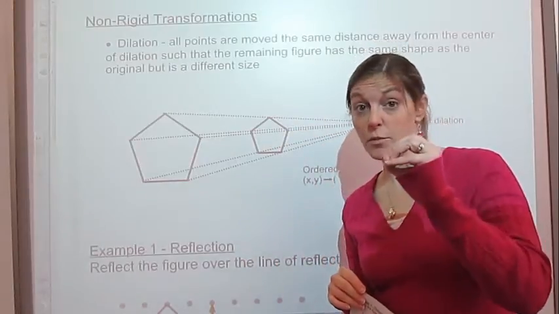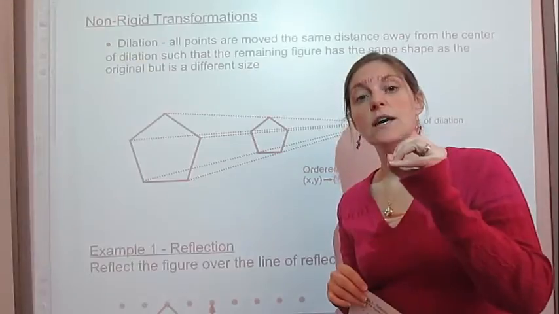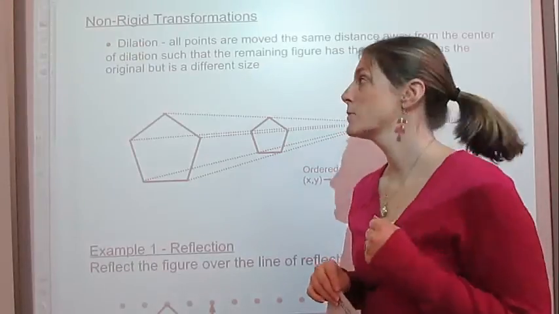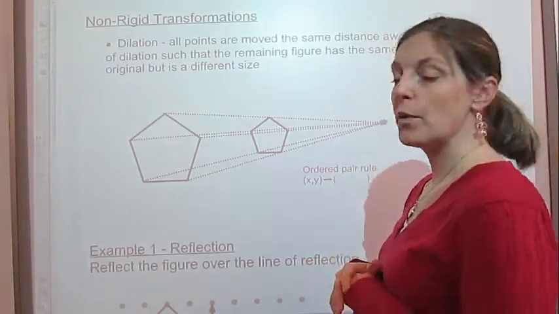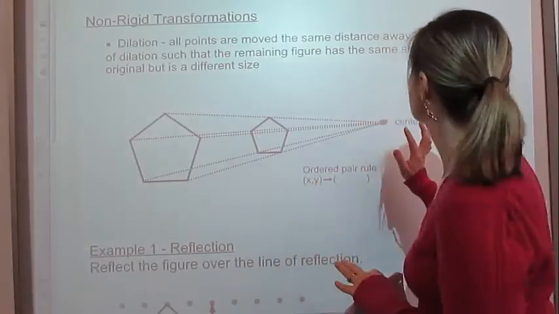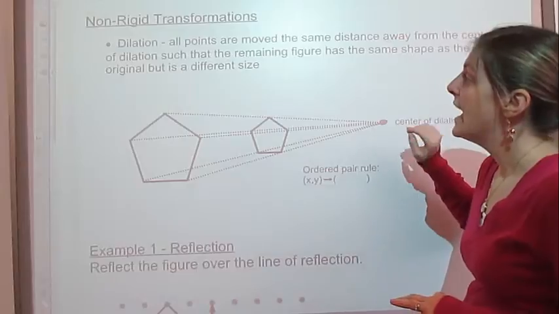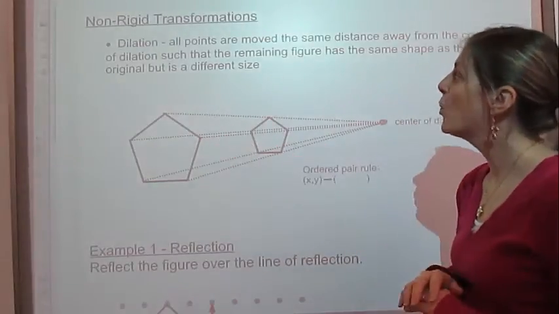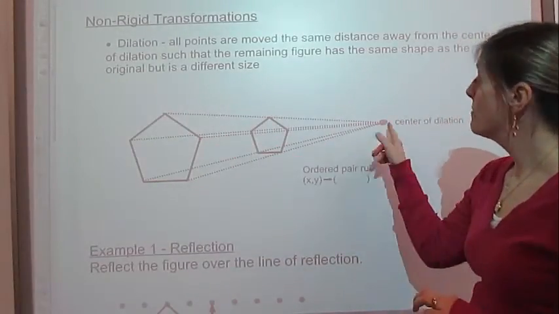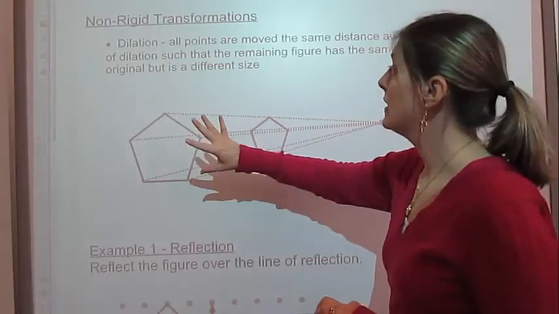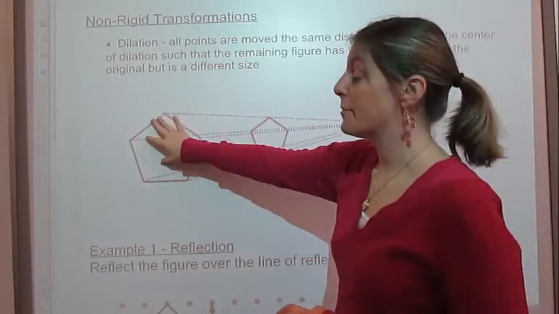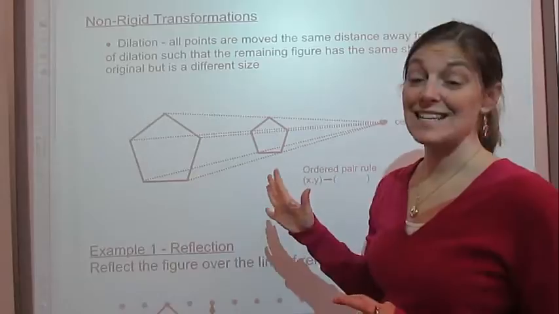But the shape of your pupil, the circle, doesn't change, but the size does. All the points are moved the same distance away from the center of dilation. You have to have a center of dilation, and all the points move the same distance away from that point, so that the remaining figure has the same shape again, but it changes size.